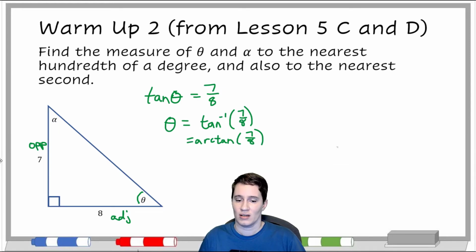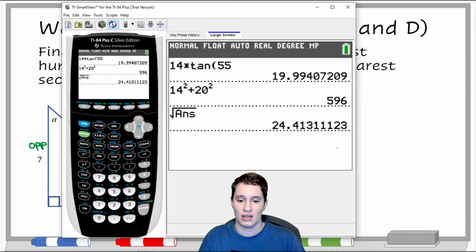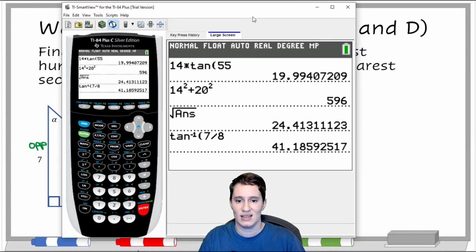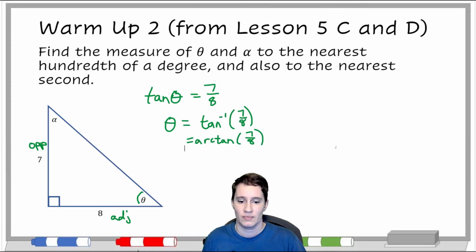These are the same thing. Our calculator has the second tangent button so that we don't have to look it up on a trig table. We can just find out what theta is. Second tan, 7 divided by 8. It said to round to the nearest hundredth, so 41.19.